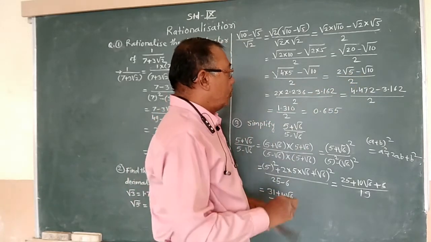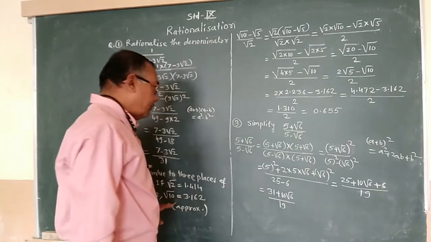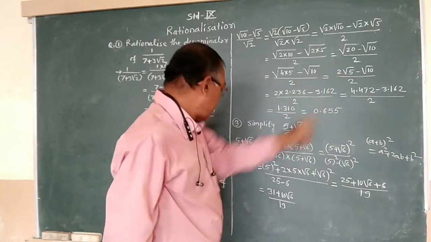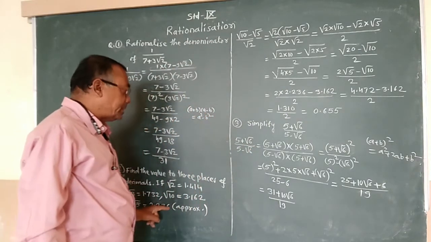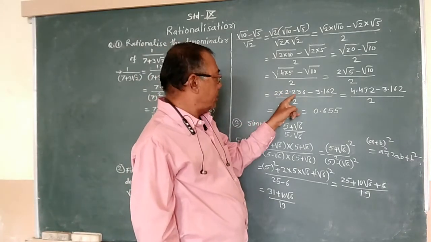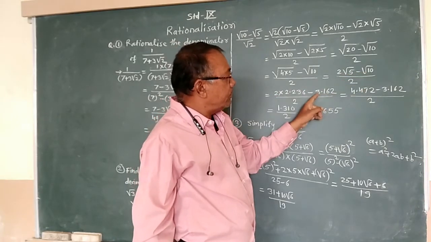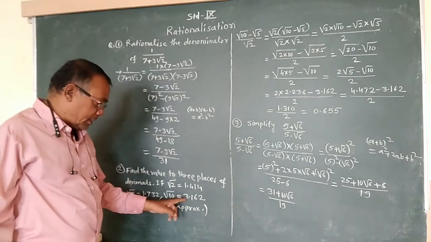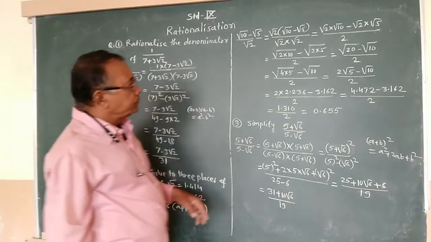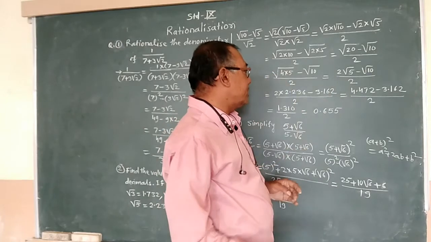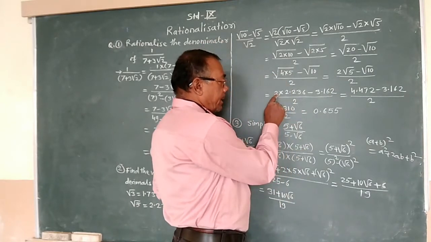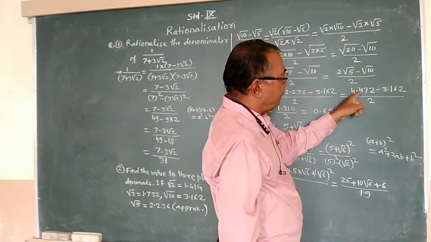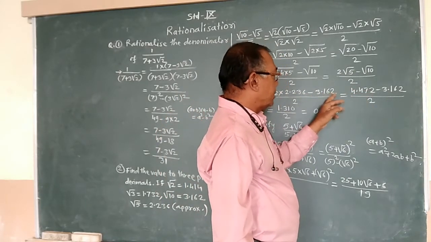And now we have to substitute the given values here, that is, 2 into root 5, which is given as 2.236, minus root 10, which is given as 3.162, divided by 2 as it is. Now if we multiply 2 into 2.236, we will get the value 4.472 minus 3.162 as it is.